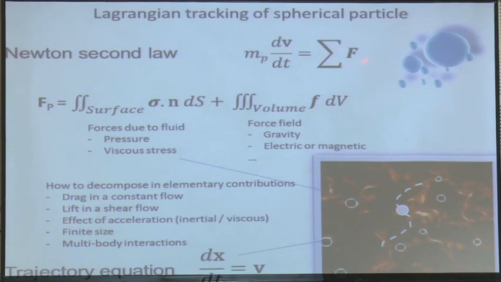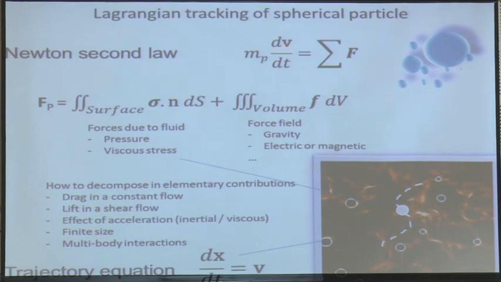You are going to say that the sum of all forces which are acting on the particle is going to change its acceleration, dv by dt, multiplied by its mass. So this is the second Newton law. And based on this ODE, this ordinary differential equation, you can integrate in time this equation, and then you can get v, the velocity of the particle.